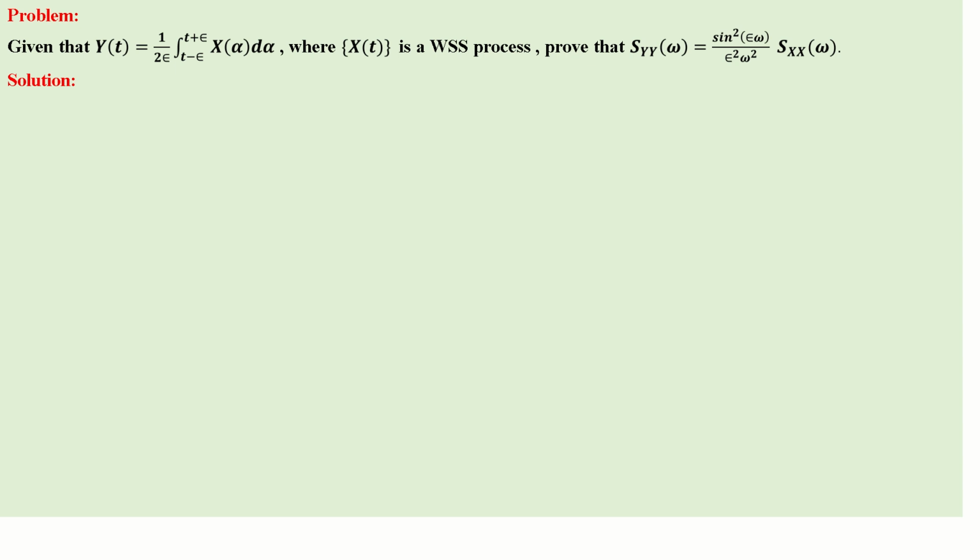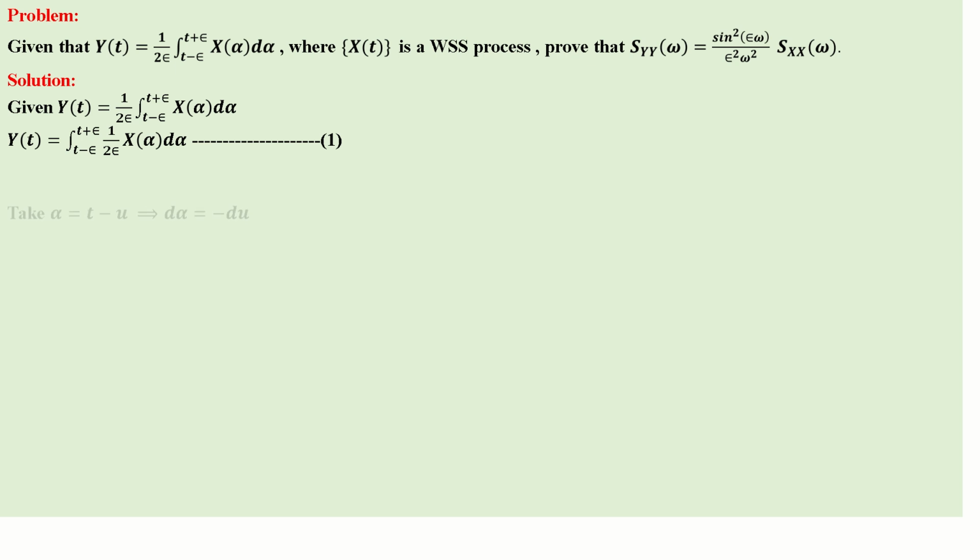So given y(t) = 1/(2ε) ∫ from t−ε to t+ε of x(α) dα, that is y(t) = ∫ from t−ε to t+ε of (1/2ε) x(α) dα. That is equation number 1.